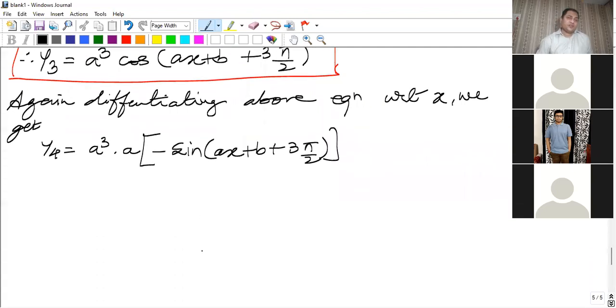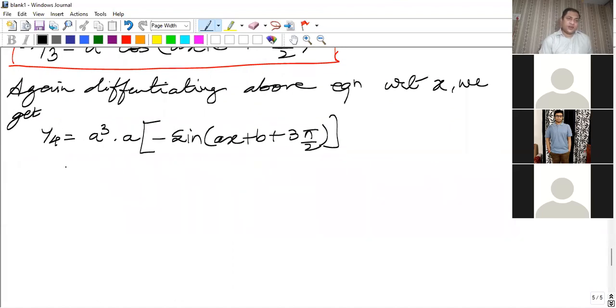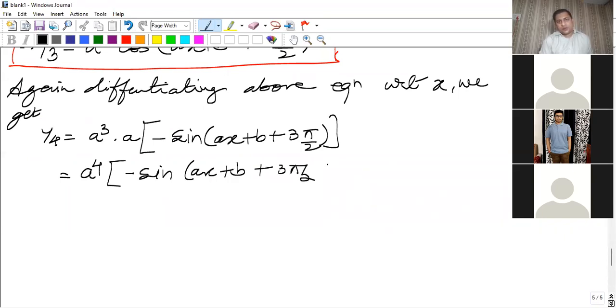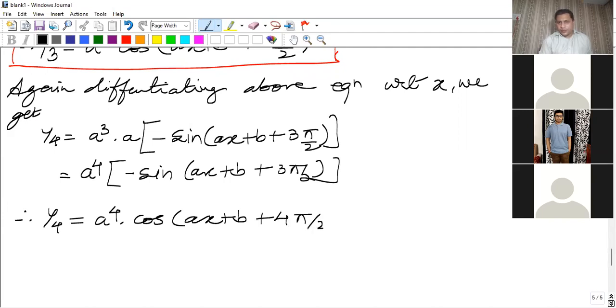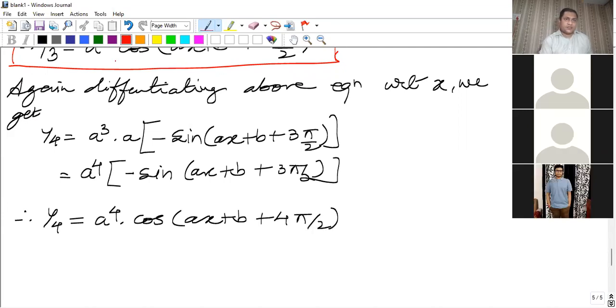So this is a raised to 4 now, and here we have minus sine of ax plus b plus 3 pi by 2. So can we write this y4 as a raised to 4 cos of ax plus b plus 4 pi by 2? Are you getting this?